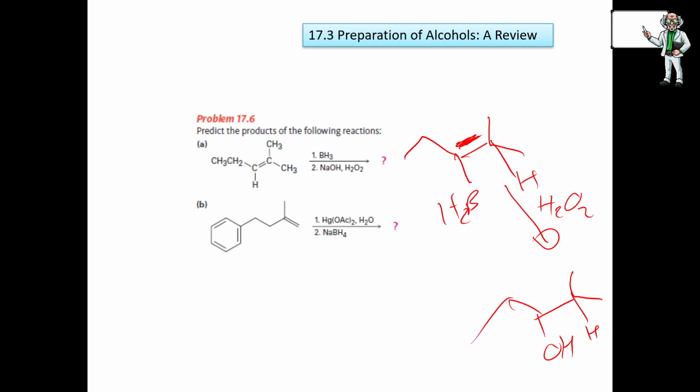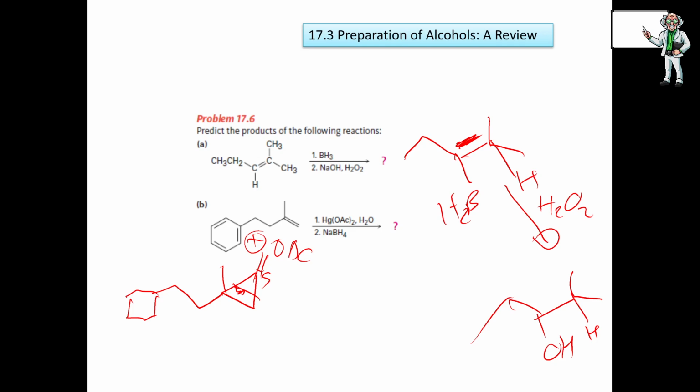If we do the same with mercury, well, not with this compound, with compound B, we add the mercury, okay, and the first step will be the formation of this compound without the double bond. Okay, the three-membered ring with the positive charge.